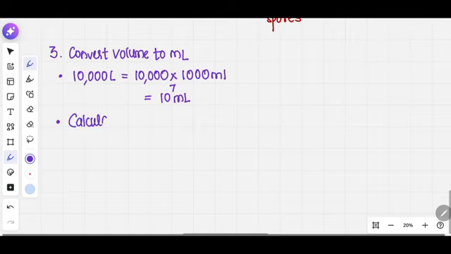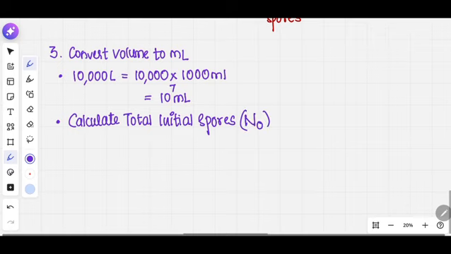The next thing is to calculate the total initial spores. Let us call it N naught. N naught is nothing but volume into concentration.